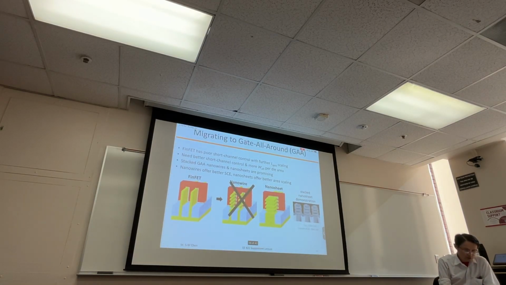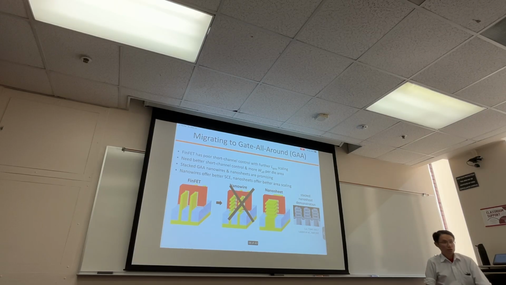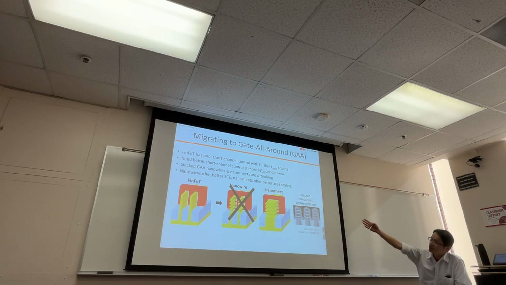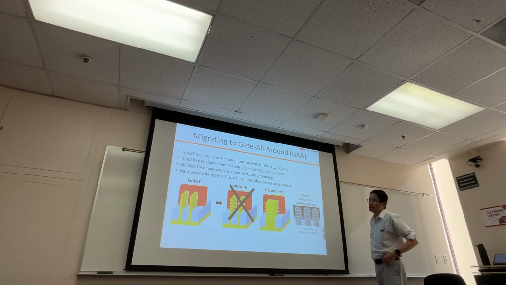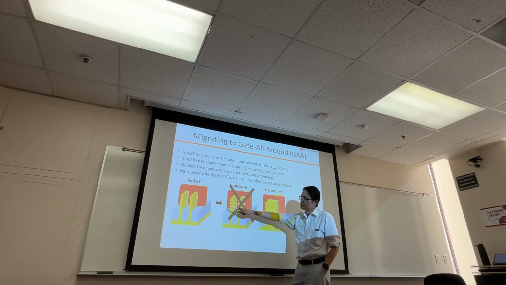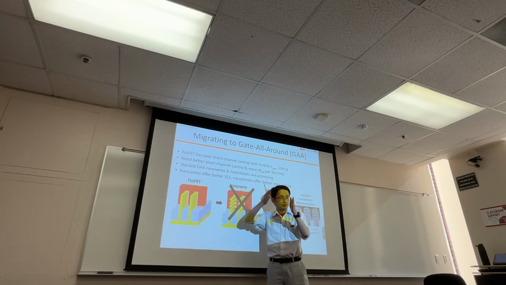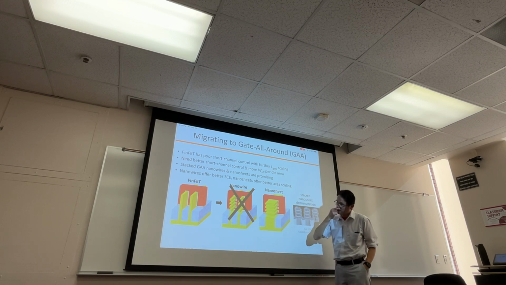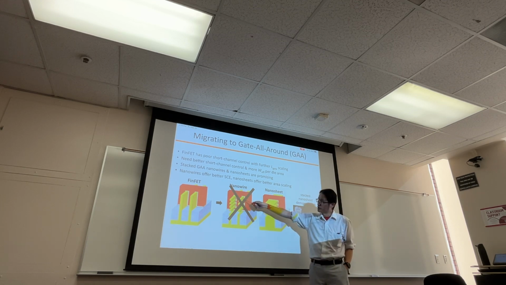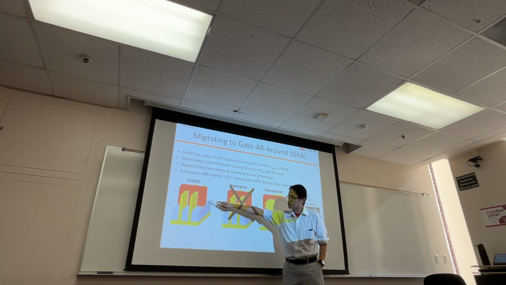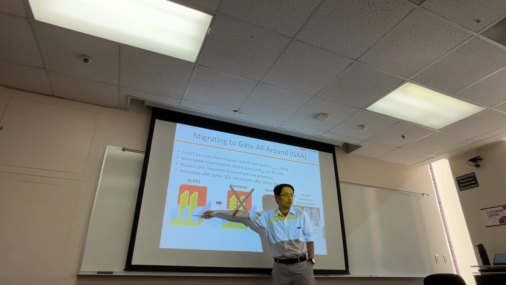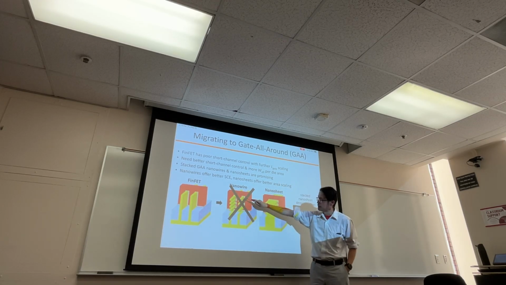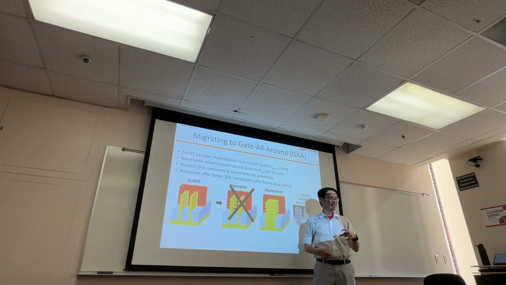Okay, so where are we now? Today, people are moving to 2 nanometers and so on. This is where people are moving towards. So this is the FinFET, right? This is like a dolphin fin, right? FinFET. So then there are two different directions. One is to use nanowire. You can see that they chop off this fin into several discrete parts.